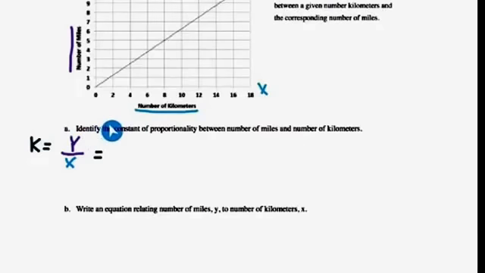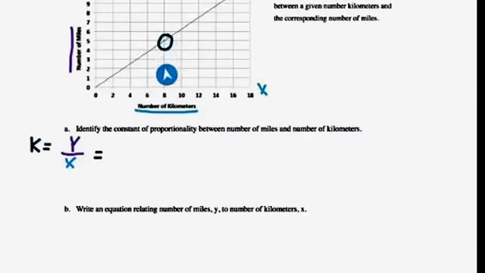So using my graph, I need a pair of x, y values that I can use to determine the constant of proportionality. And so at x equal to 8, I can see that there is a y value 5 that aligns directly on the grid.